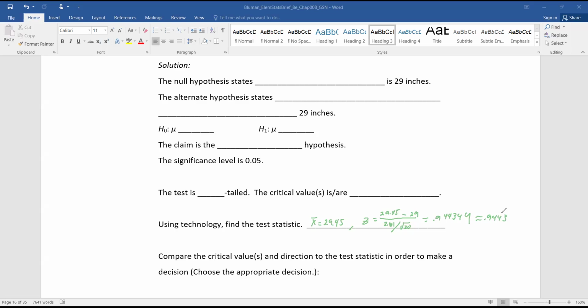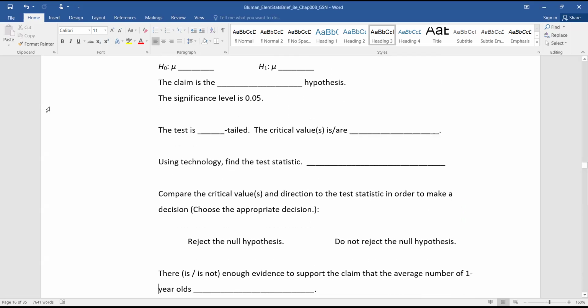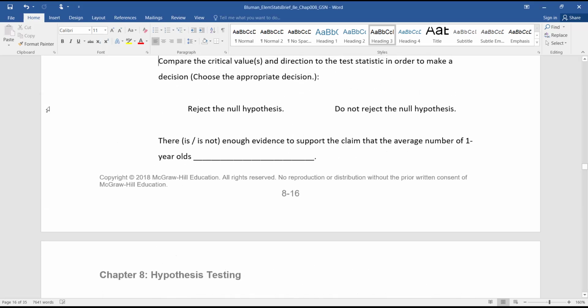So now it's time for us to compare the data. So this is what we got. And then remember where our critical values were to determine if I fall outside of it or not. So now to compare the critical values to the test statistic in order to make a decision, we're going to choose the appropriate decision.